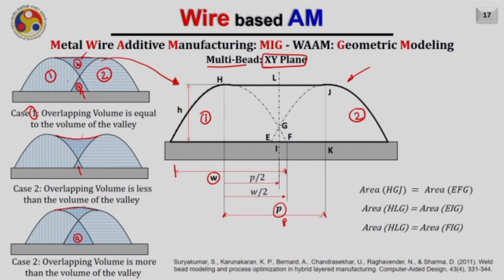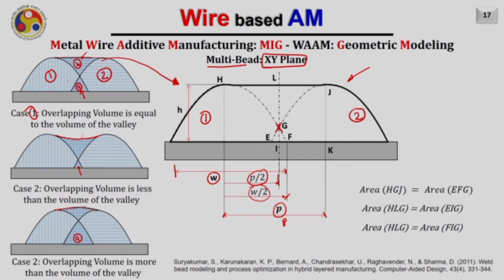The half of this distance from here to here will be P by 2, and that will be nothing but at the intersection of the two beads where they are intersecting. Also, this distance from the center to point F will be nothing but half of the width of the bead, that is W by 2.